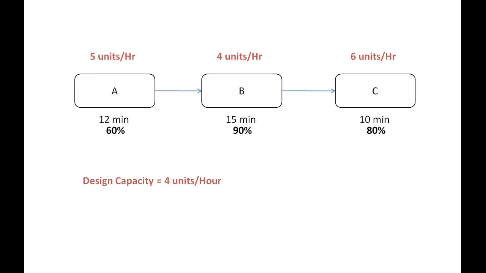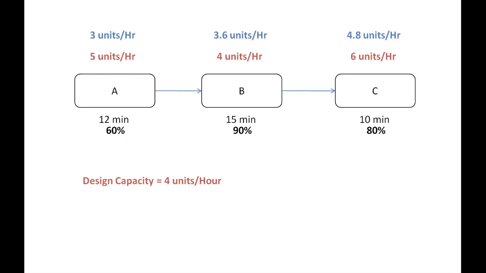Now the effective capacity for A would be 60% of 5, right? The effective capacity of B would be 90% of 4, and the effective capacity of C would be 80% of 6. So in this case, A would have an effective capacity of 3 units per hour, B would have an effective capacity of 3.6 units per hour, and C would have an effective capacity of 4.8 units per hour, right?